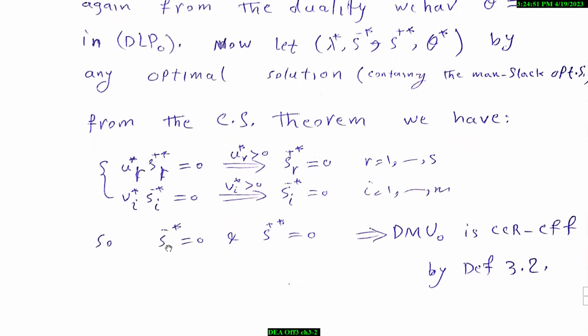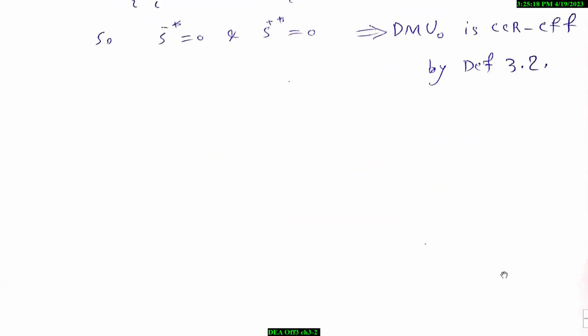So we have the slacks equal to 0. This holds for any arbitrary optimal solution, or one containing the max slack optimal solution. So the second condition for efficiency is also satisfied. So DMUO is CCR efficient by definition 3.2.